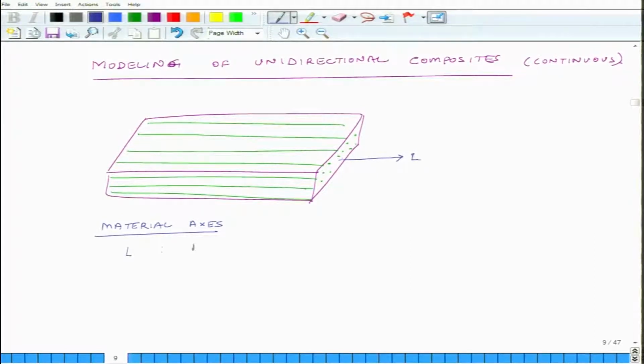It is the axis aligned to the length of the fiber. Then the other direction we look at is the T direction. So, let us say this is T direction. L corresponds to longitudinal.